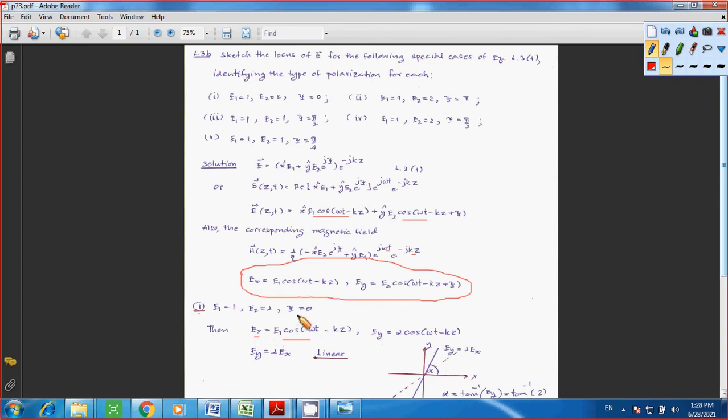Since psi is equal to 0, EY equals 2 cosine omega t minus KZ, because the amplitude is 2. Then you can see that this is the EX, because E1 is equal to 1. So EY equals 2EX, which becomes a linear equation.